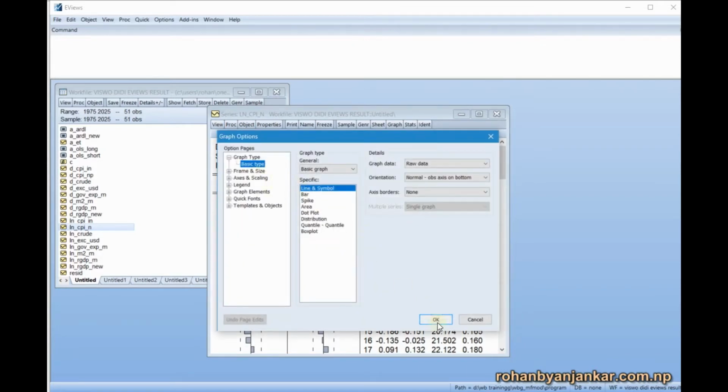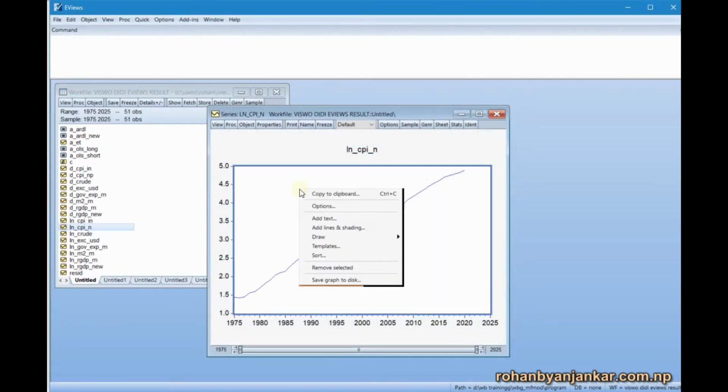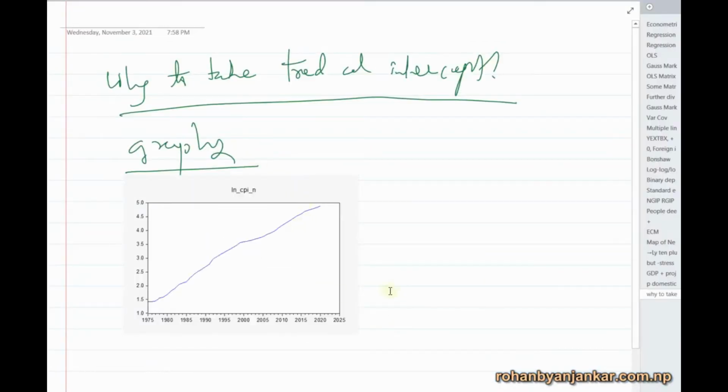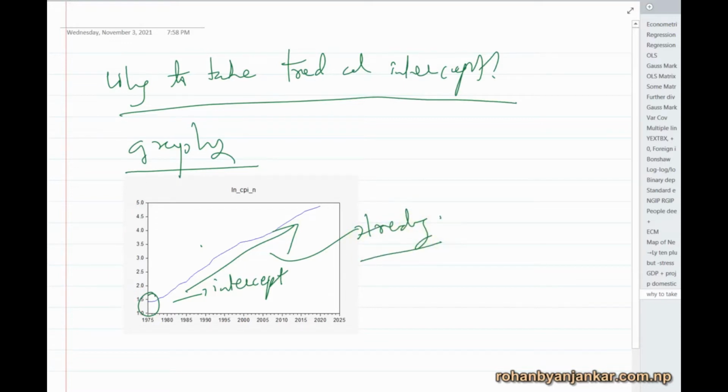Let's check its graph, and let's copy it and paste it on our OneNote. So now from here we can see that the graph has an intercept, and the line is trending. So we will take both trend and intercept.